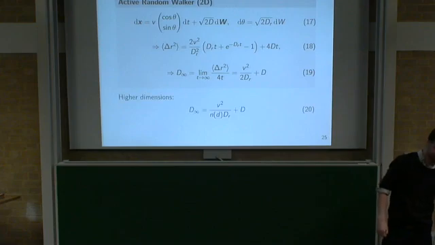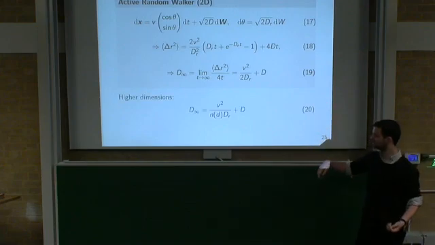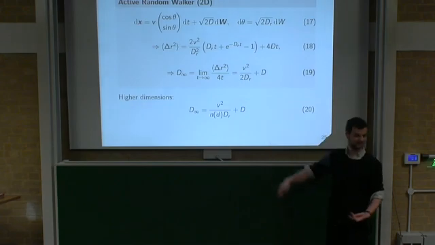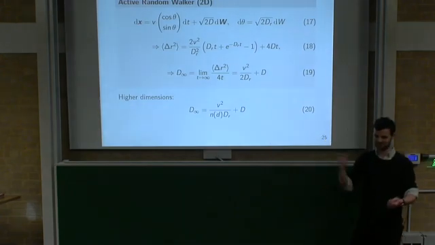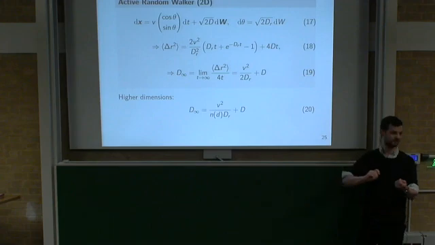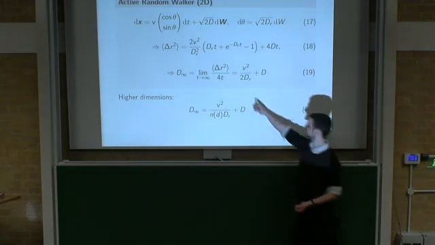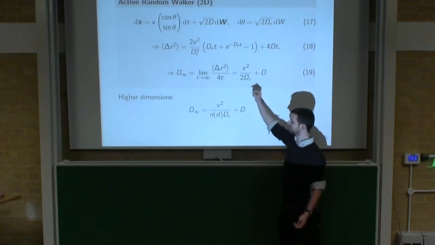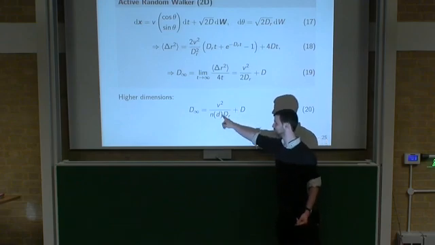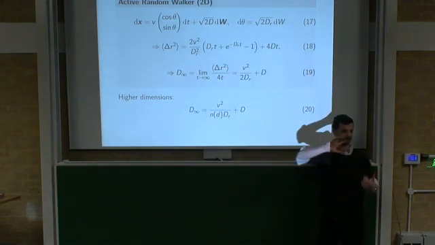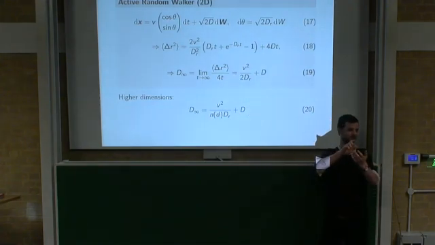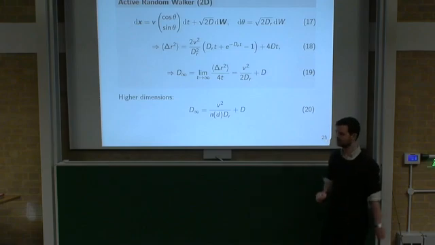Maybe a bit less well known is that when you go to higher dimensions, obviously the translational diffusion constant doesn't change, but the active diffusion constant does depend on dimension. So this is 2 in 2D. It would be 6 if it was in 3D and you have rotational diffusion around 3 axes.